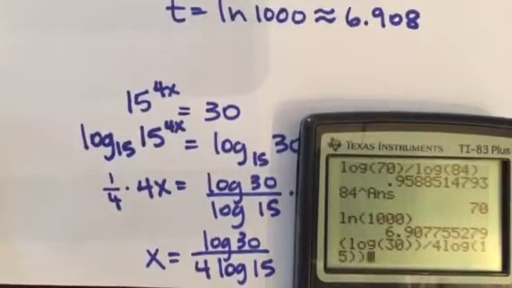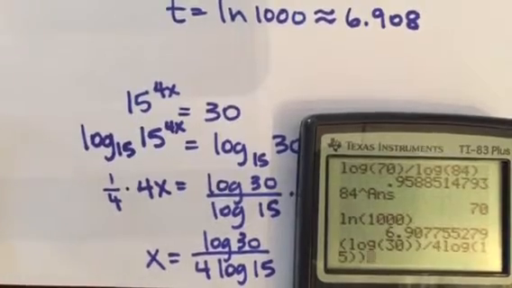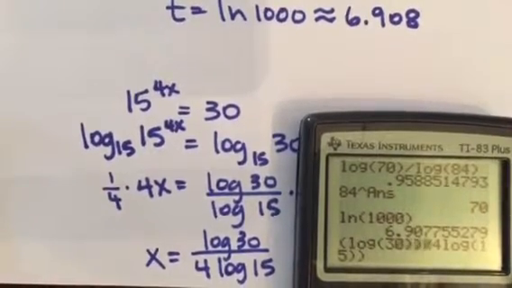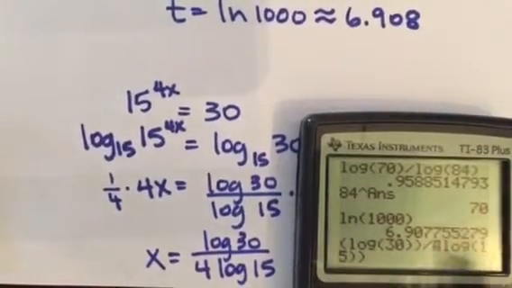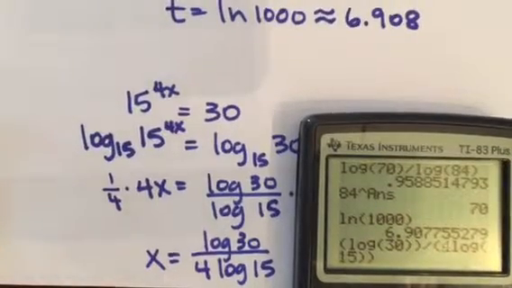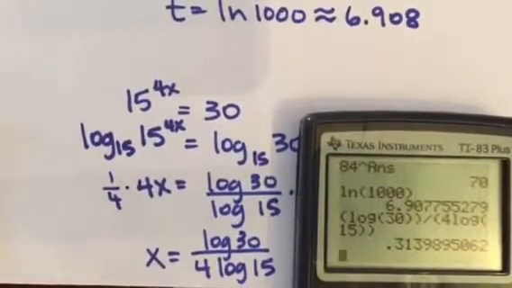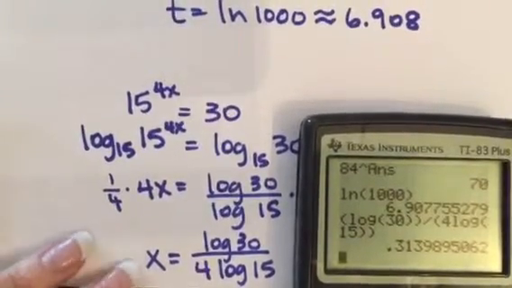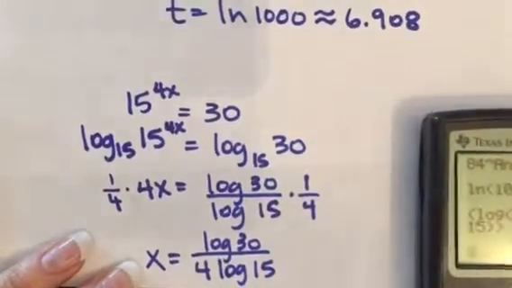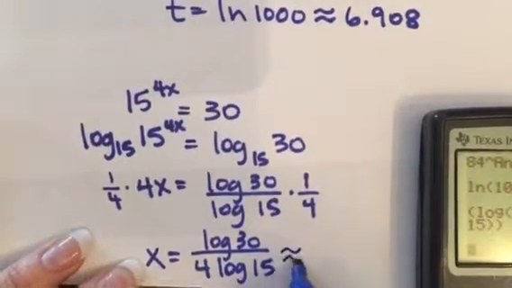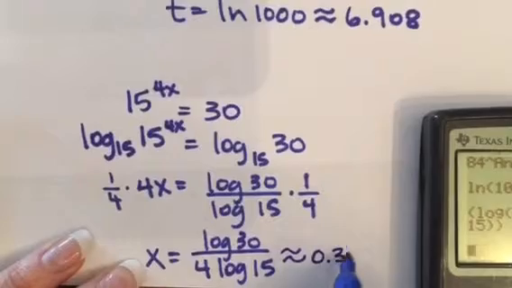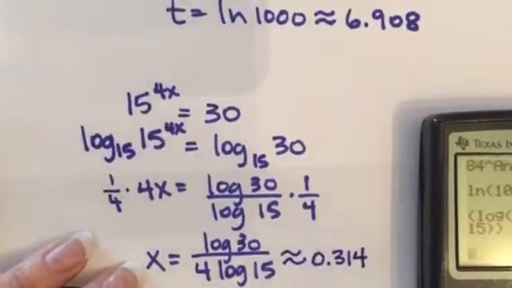15. Oops, I didn't put parentheses in front of the 4. So we want to go back and add that in there. Okay, so that whole denominator is in parentheses, the whole numerator is in parentheses, and so we end up with, oh, about 0.314.